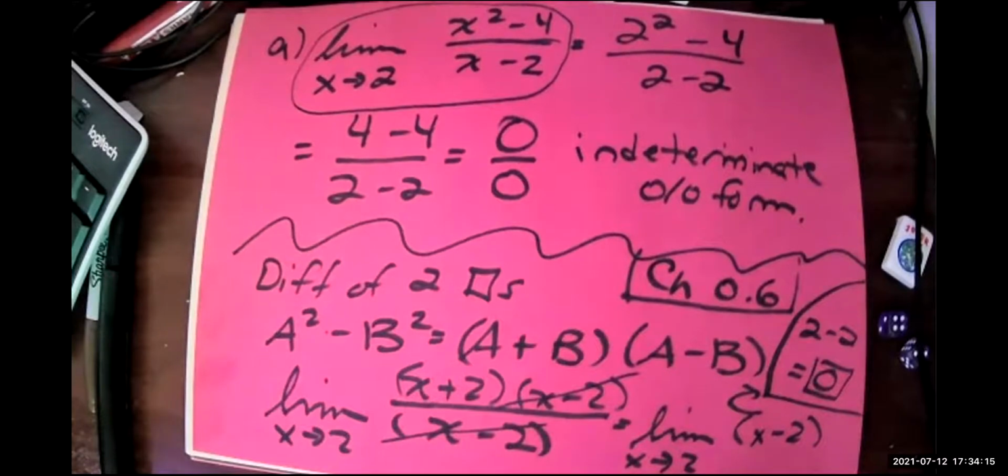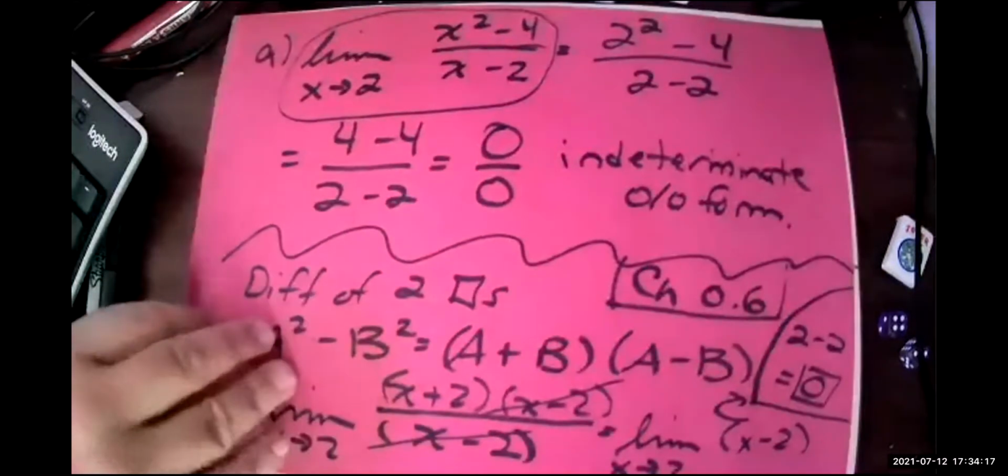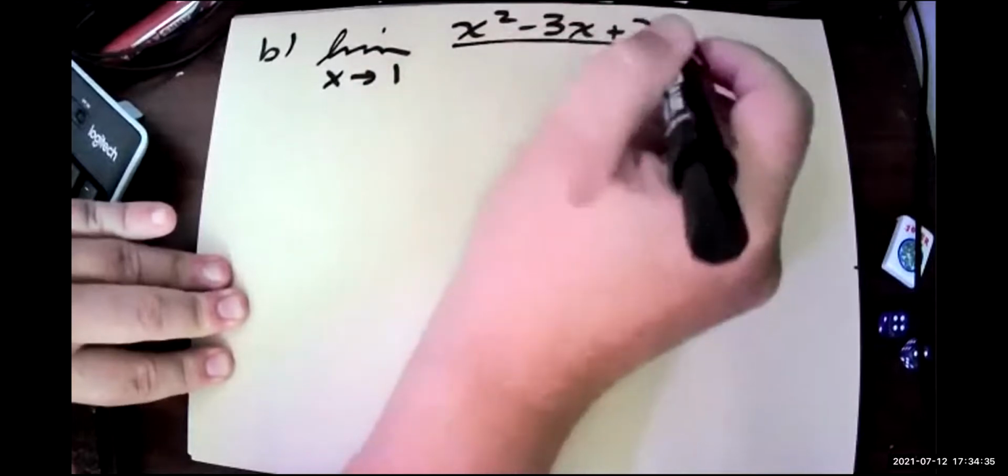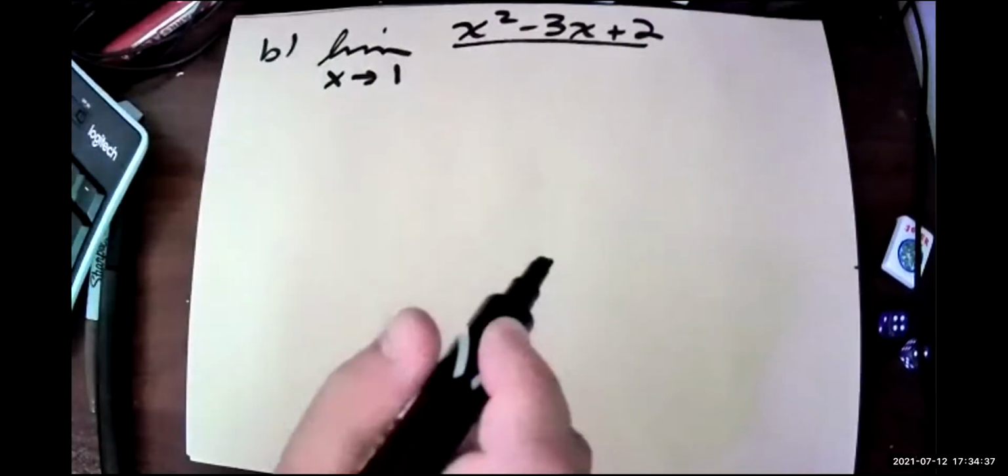All right? For the second one, we have a similar case of 0 over 0 indeterminate form. The second one is the limit as x approaches 1. And our rational function this time is x squared minus 3x plus 2 on top. And on the bottom, I'm getting x squared minus 1.